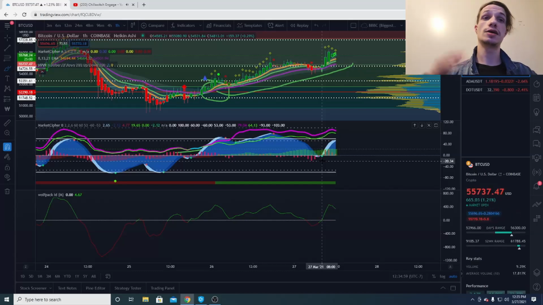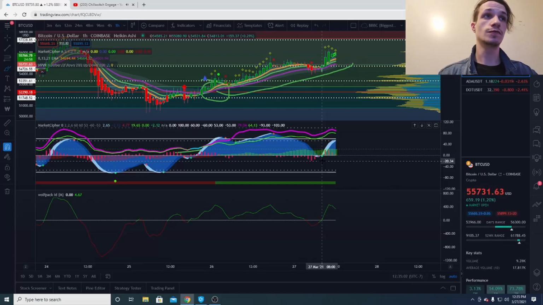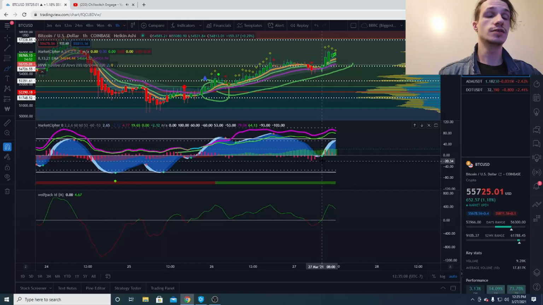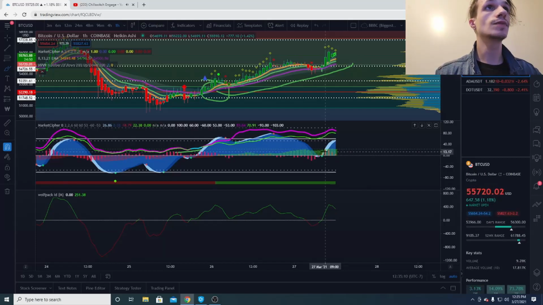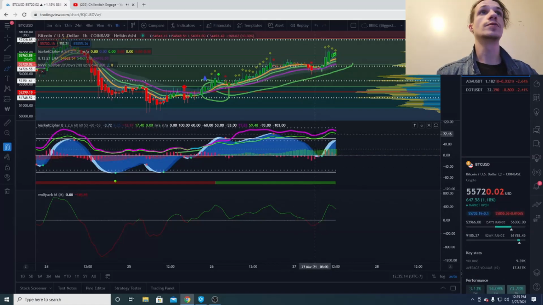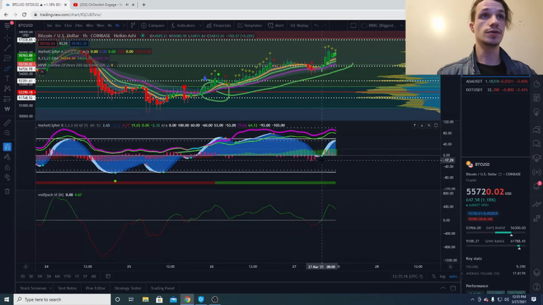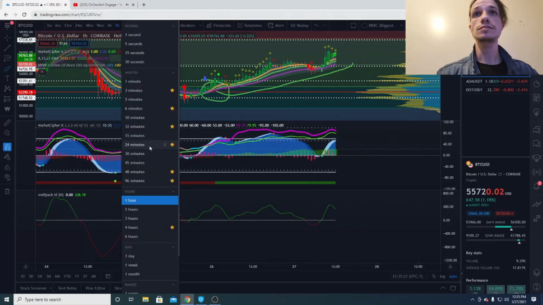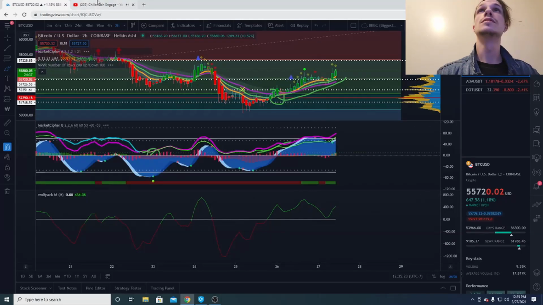All right, 49K, that's a possibility. We hit it before, we played off it a couple times. So you just really want to use your support and resistance and look at that when you're deciding your leverage. But I would go 100% at this green dot. I'm not gonna lie, with like 5x leverage, super low liquidation price, and I would just ride it up until I get a sell confirmation.